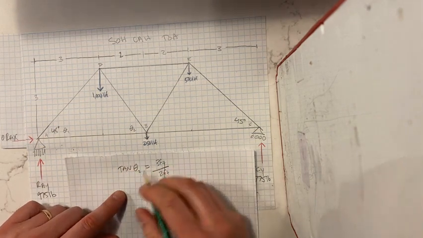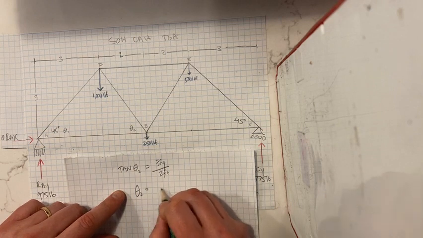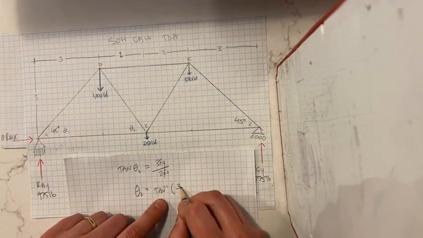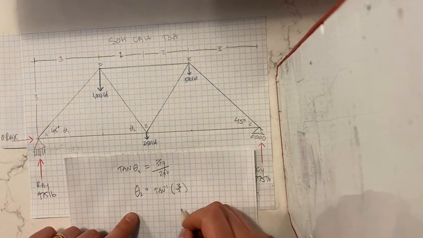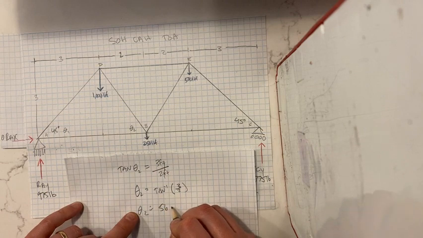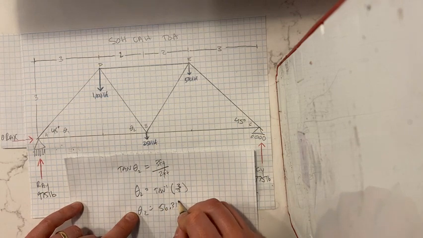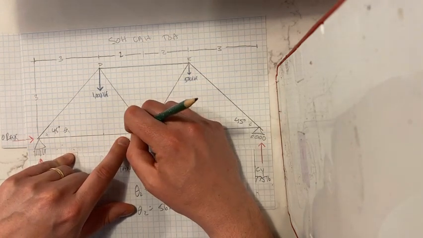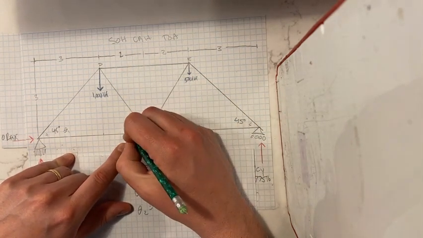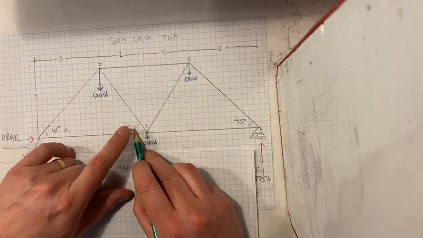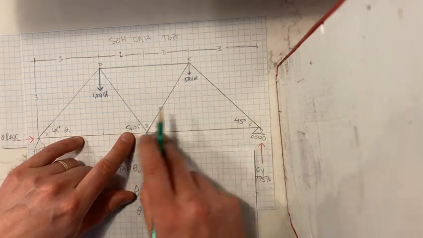That cancels out. So theta 2 is the arc tangent, tan to the negative 1 of 3/2. You put that in your calculator, and that is going to be something like 56.31 degrees. Okay, so theta 2, I'm going to erase that, call it 56.31 degrees.